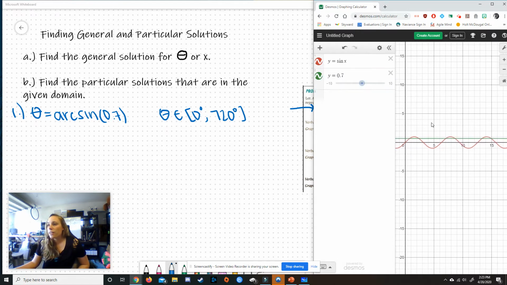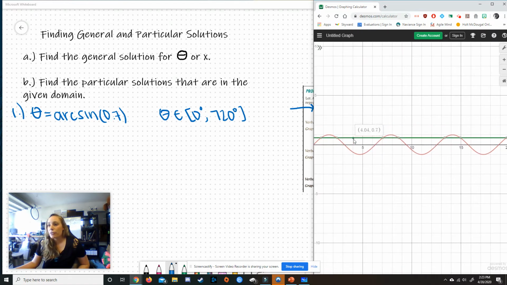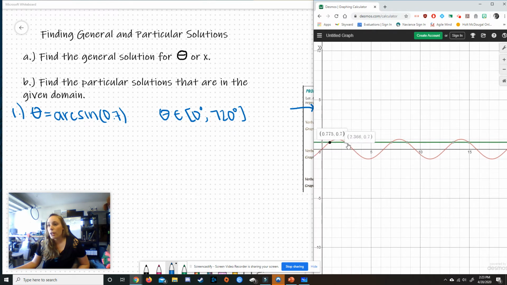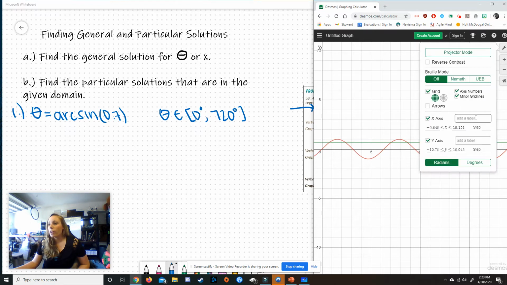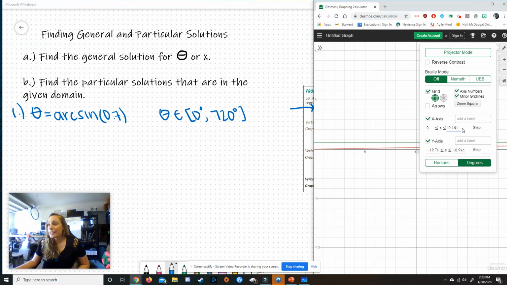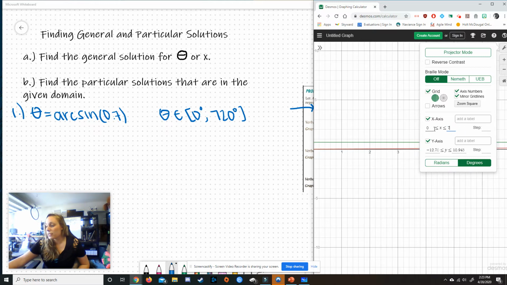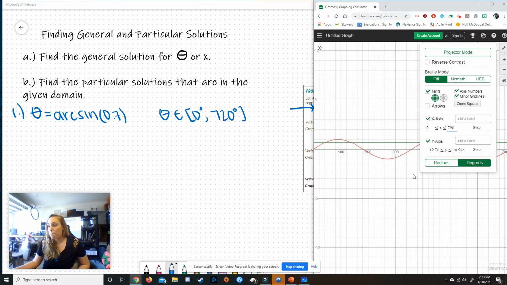You will see on here that there are all these different times that this crosses. Now there's something else very important that we need to do. This right now is in radians. When you click this wrench up here in the right-hand corner, you can change it to degrees. Then you want to change your x-axis. We're looking from 0 to 720 degrees. That's what we care about.